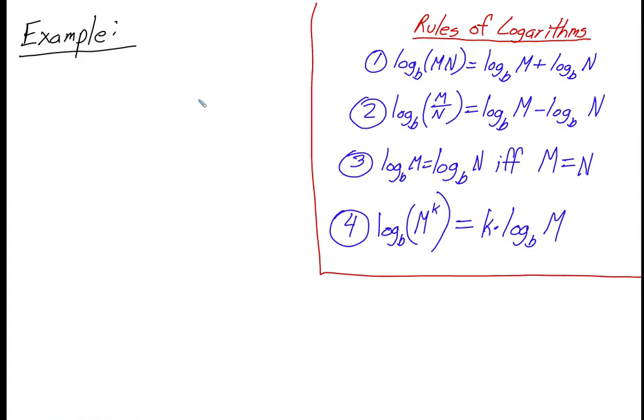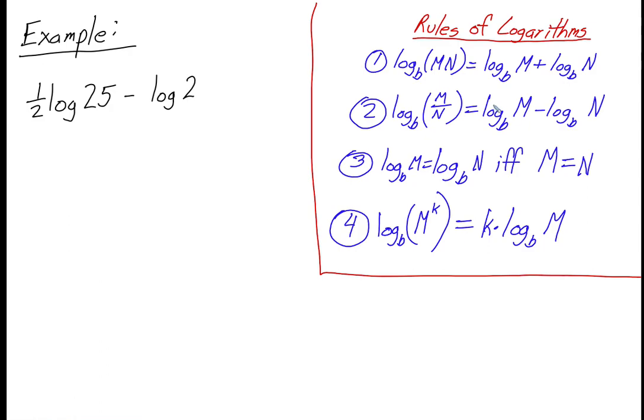Say we were doing 1/2 the common logarithm, log, of 25 minus the log of 2. Well, we've got subtraction, so it looks like maybe we should be able to use rule number 2.